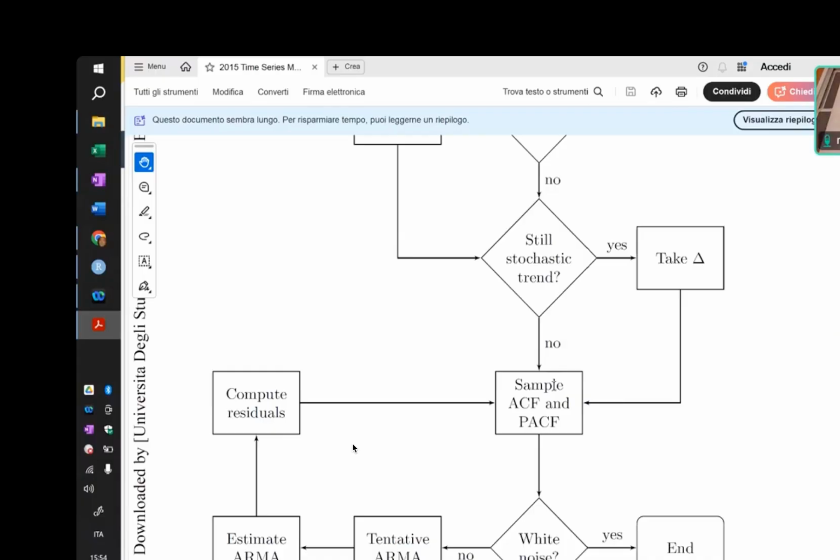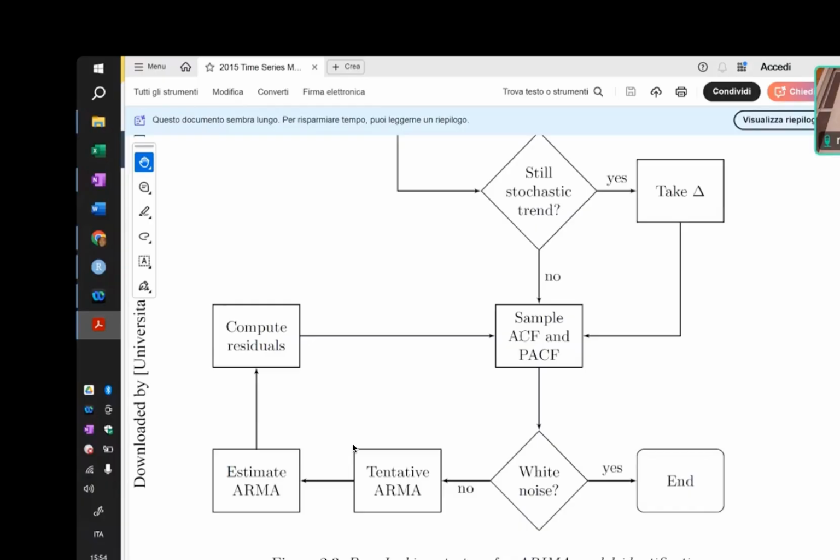And again, here you have some kind of recursion, because usually you look at the estimated autocorrelation and partial autocorrelation functions, and then you estimate a model. Of course, you may already have a white noise process, meaning that you may have killed everything just by taking the transformation. So this is meaningful.